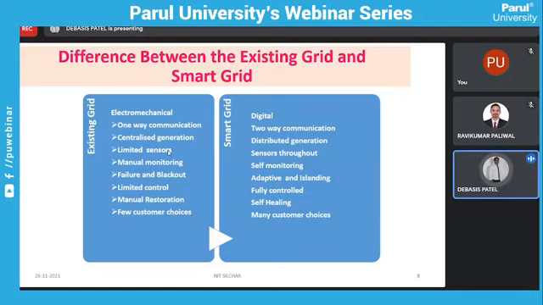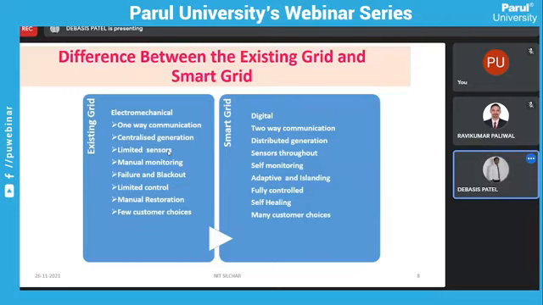So self-healing is also what? Anything that happens in our smart grid will automatically get corrected. But here we have to restore, we have to take time to restore the network. If any faulty part is there in our network, then we have to cut that supply and wait.